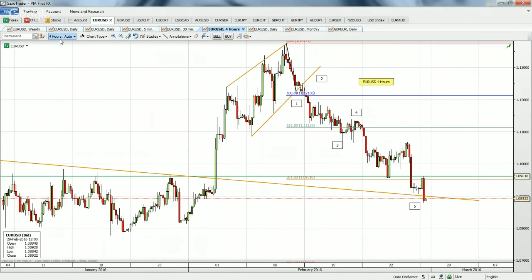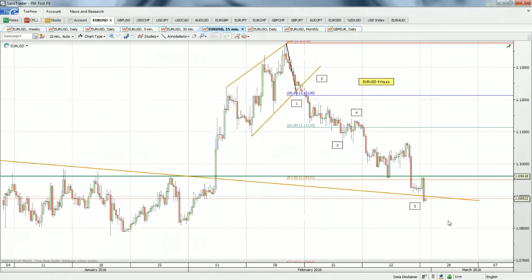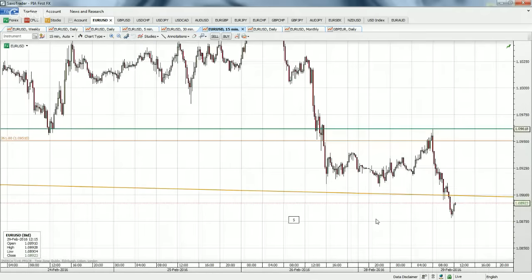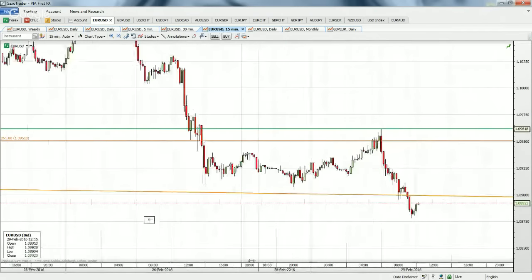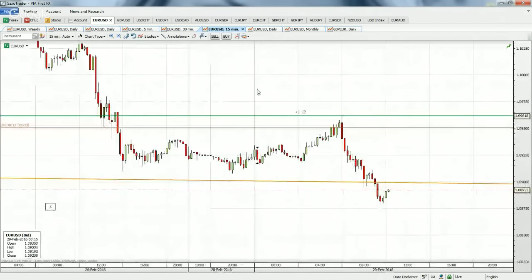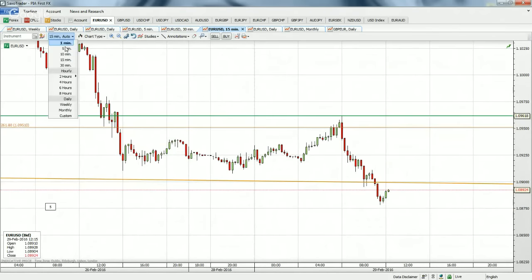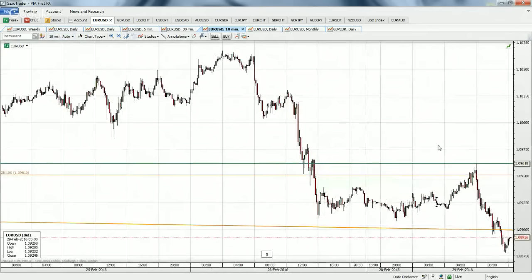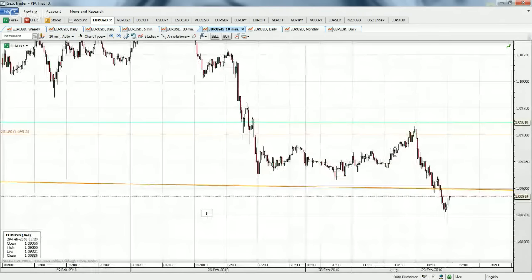And in fact, if we even go down to like a 15-minute chart, I have to go further down than that, to be honest. I'm going to say there's a wave count in here as well from Friday.